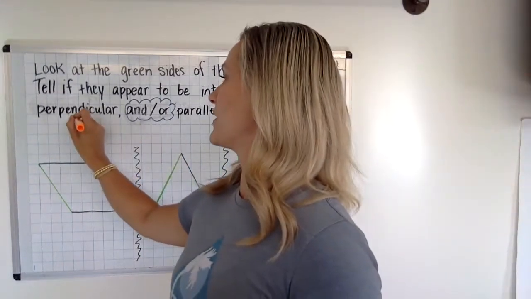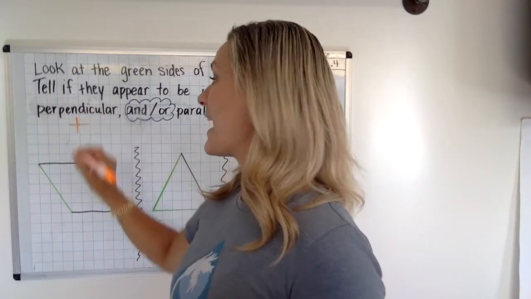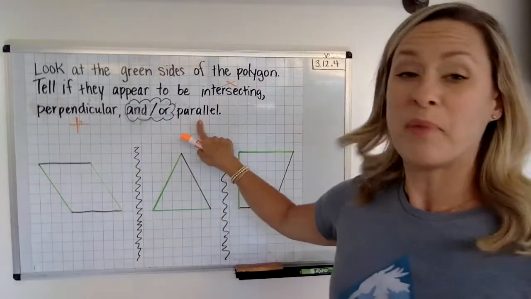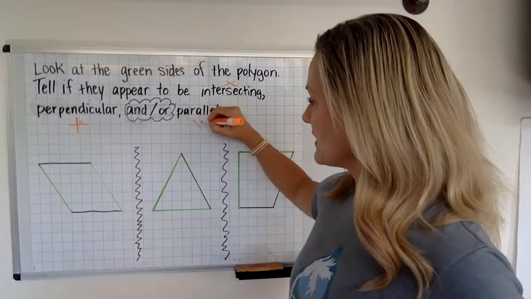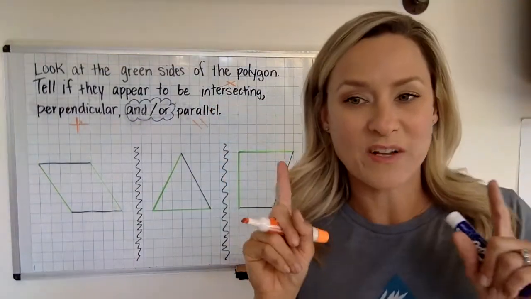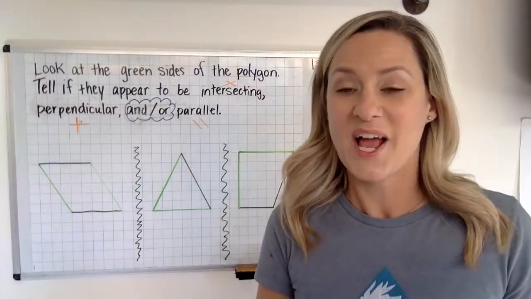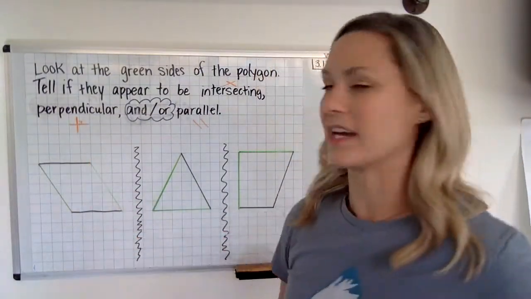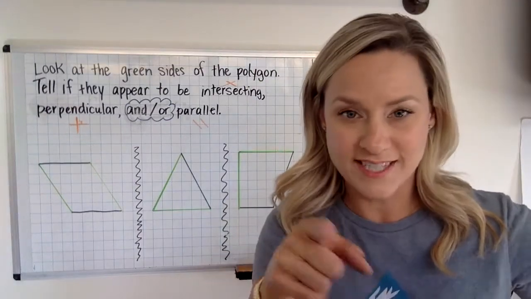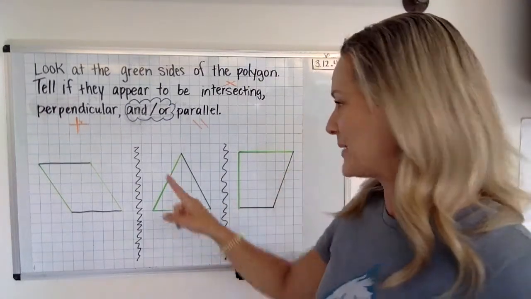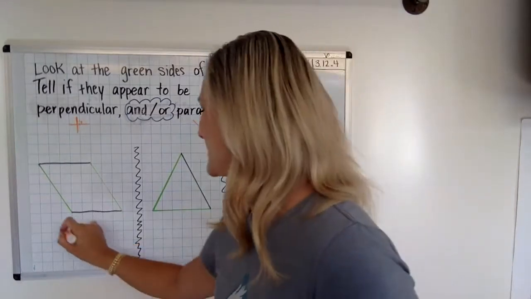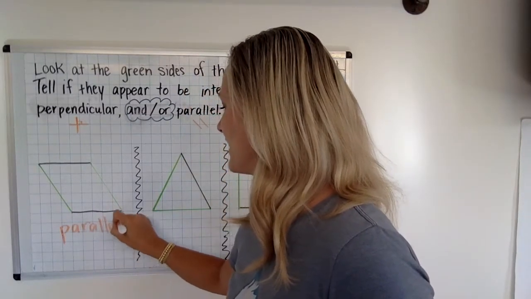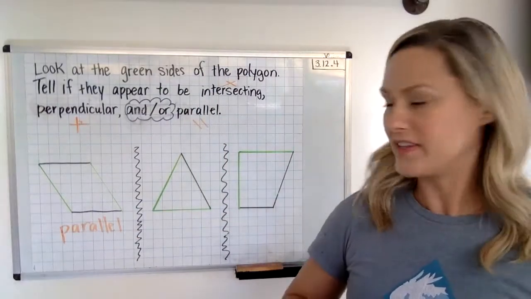Perpendicular means they're going to cross and there will be a 90-degree angle. And parallel means they're moving in the same direction and they won't intersect. All right, so let's check this out. Those two green lines look like they are, tell me, did you say parallel? If you did, you were right. All right, let's check out the next one.